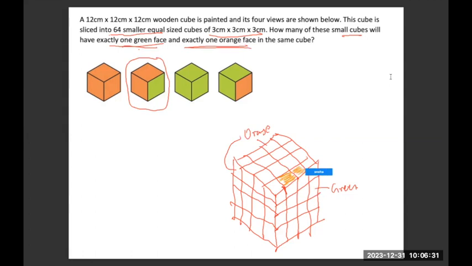Orange face, and then this will be the green one, and this will be the green one. So within this view, the kind of cubes which will have exactly one green and one orange face will be located along this edge. Likewise, there will be exactly one green and one orange face happening also along this edge, which is here and here.